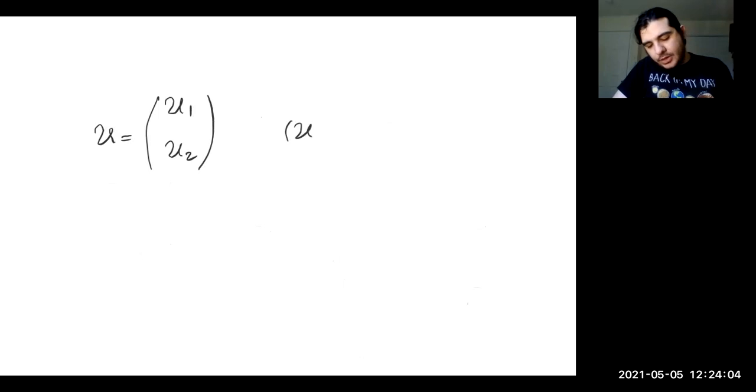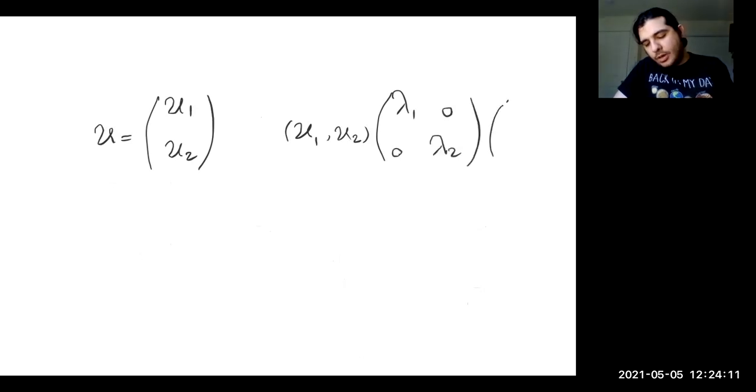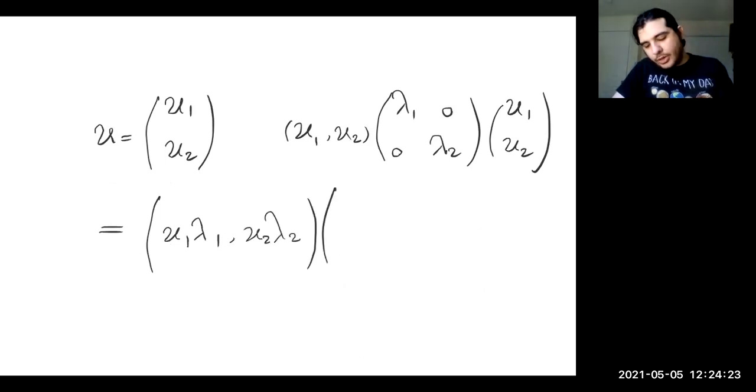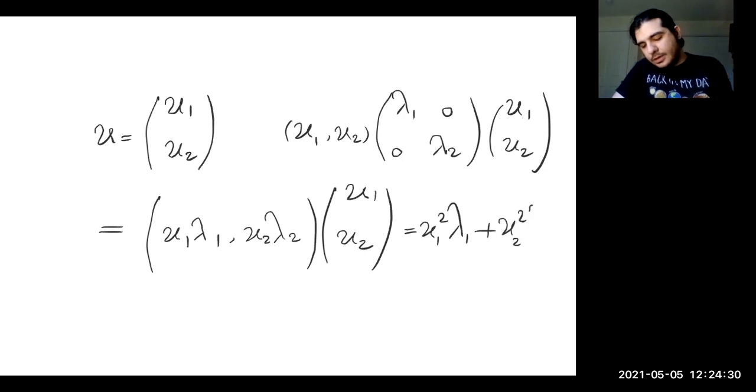Now this is very good. Why? Let's write this vector u as u1, u2. So u transpose would be (u1, u2), multiplied by this diagonal matrix lambda 1, lambda 2, times (u1, u2). If we do the computation, it is equal to u1 squared lambda 1 plus u2 squared lambda 2.